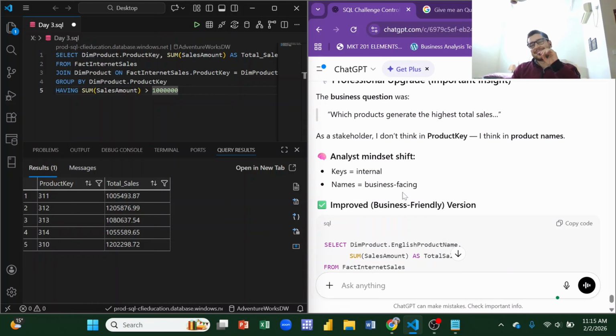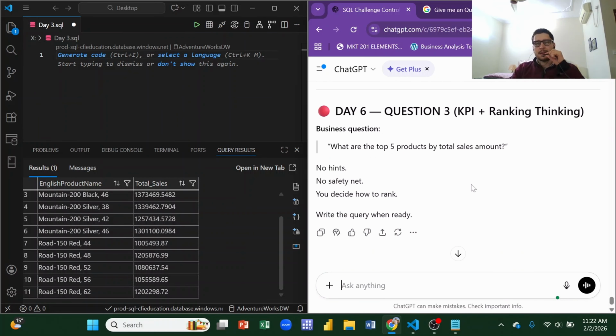This is a very thoughtful tip, because the person who is asking me the question doesn't care about the numbers of the product key. He wants to know the name of the product, so that they can improve their business decisions. It's perfect.